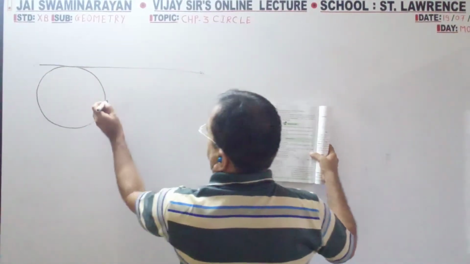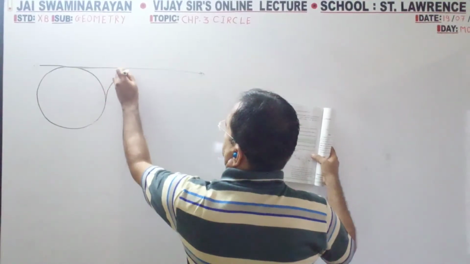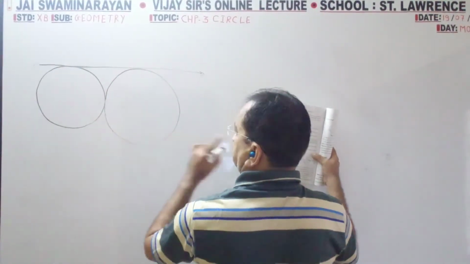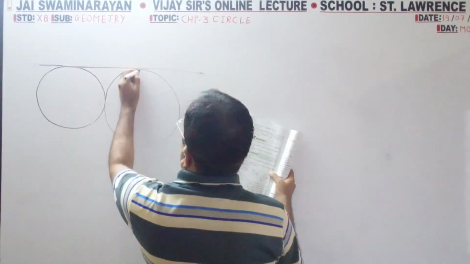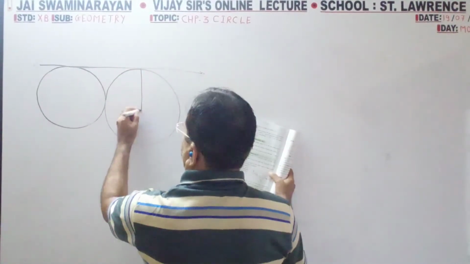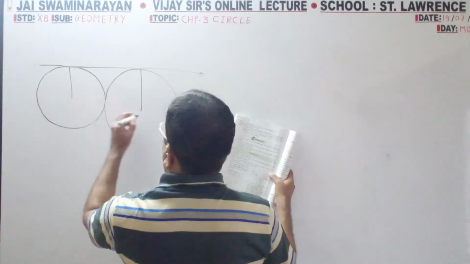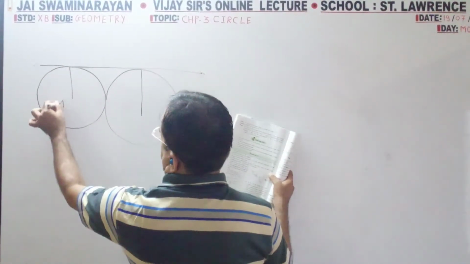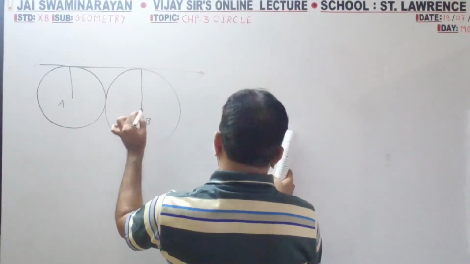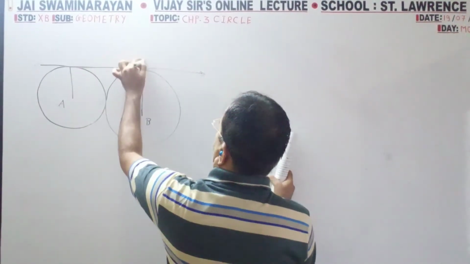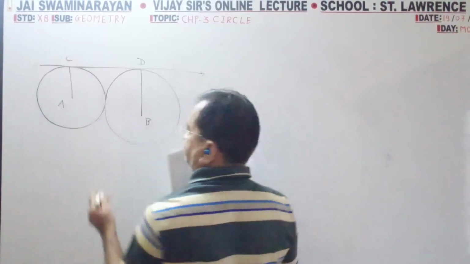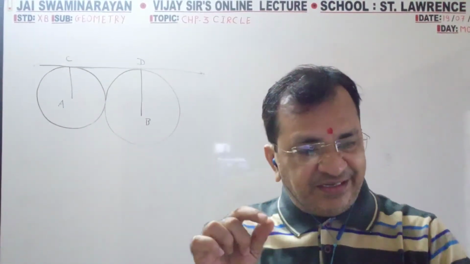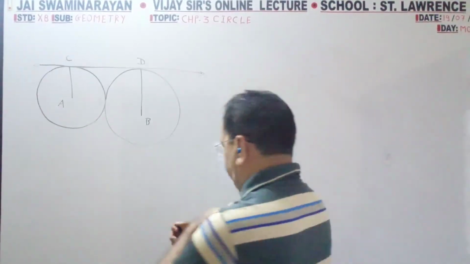This is a straight line. Smaller circle, bigger circle. This is the touching point. Center A, center B, tangent point D, tangent point C. A big diagram is required because inside the diagram only we will substitute.